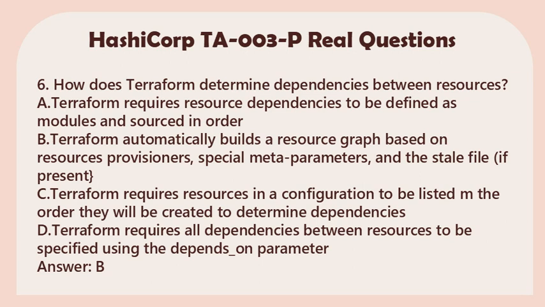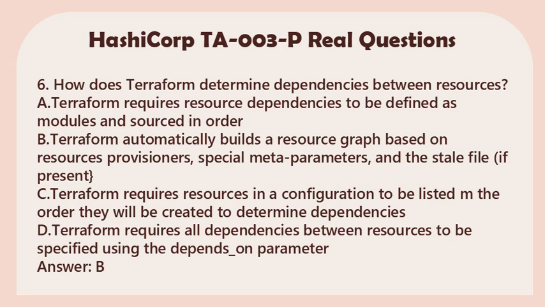6. How does Terraform determine dependencies between resources? A. Terraform requires resource dependencies to be defined as modules and sourced in order. B. Terraform automatically builds a resource graph based on resources, provisioners, special meta parameters, and the state file, if present.